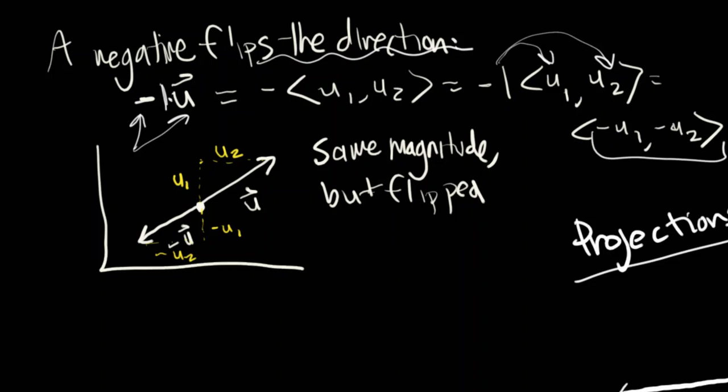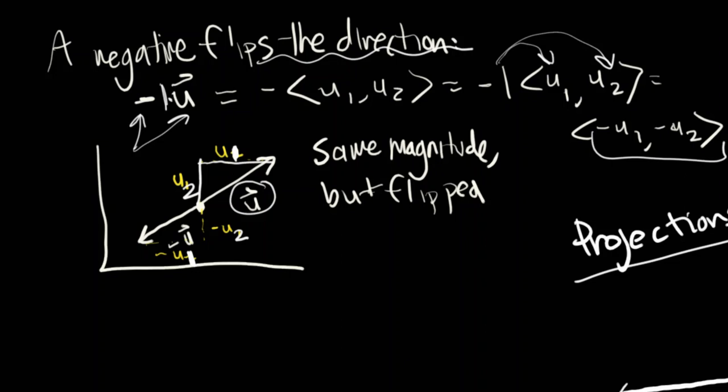Now let's look at this image, and let me fix it so that it's more representative. As you can see, u1 and u2 are both positive for the vector u, because we're moving up, which is a positive delta y, and we're moving to the right, a positive delta x.